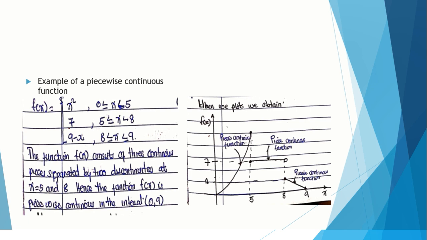And for the function f(x) equal to 9 minus x, it's going to be in the range 8 less than or equal to x. As we plot this, we are going to see what discontinuity and continuity mean.